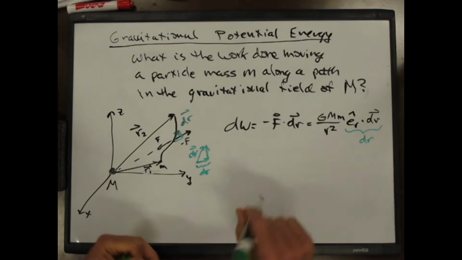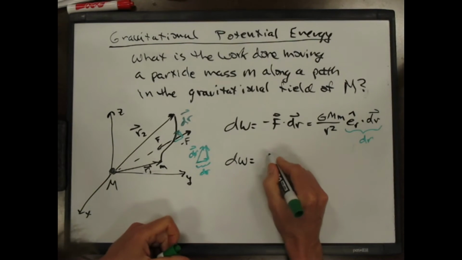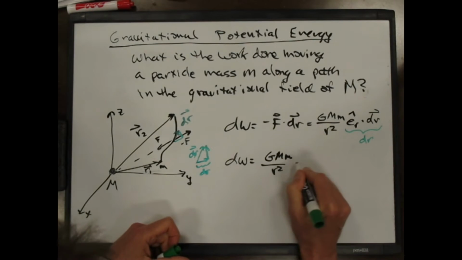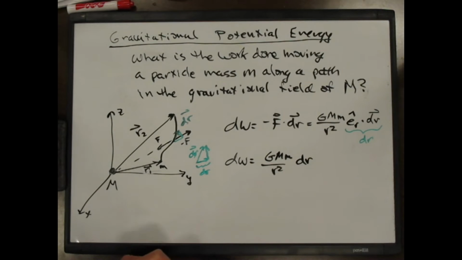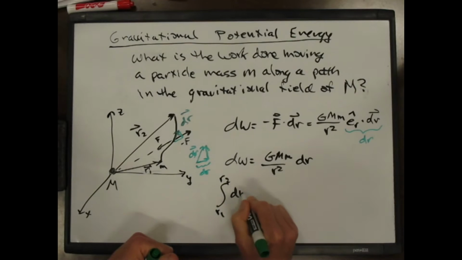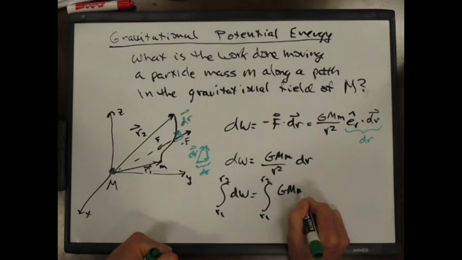And so what we get is dW is equal to GMm over r squared dr. And then if we want to integrate this from R1 to R2, all the vector stuff has gone away.